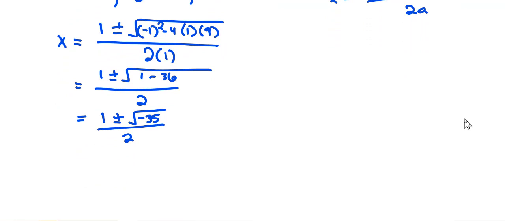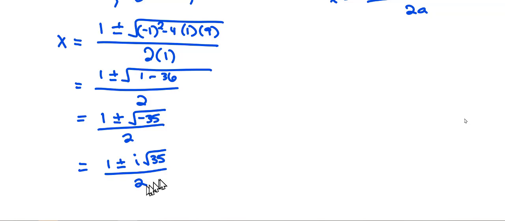That's a little icky. Hopefully that's a review for you. That's a prerequisite for this class, to recognize that as an imaginary number. We can write that as 1 plus or minus i times the square root of 35 over 2.